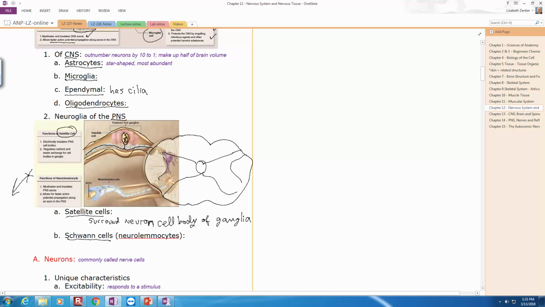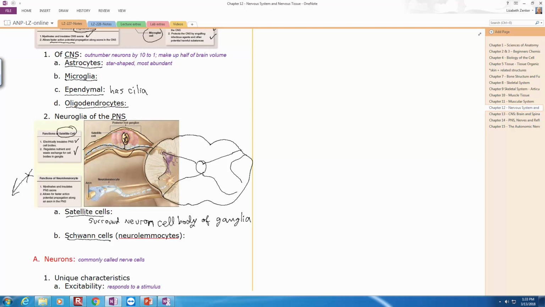So satellite cells surround the neuron cell body, located in the ganglia of the PNS. It says it electrically insulates PNS cell bodies, and regulates nutrients and waste exchange for cell bodies in the ganglia. If we look at Schwann cell or neurolemmacyte, what does neurolemmacyte kind of sound similar to?